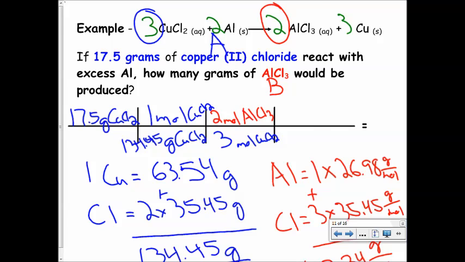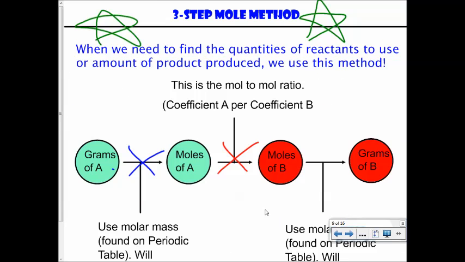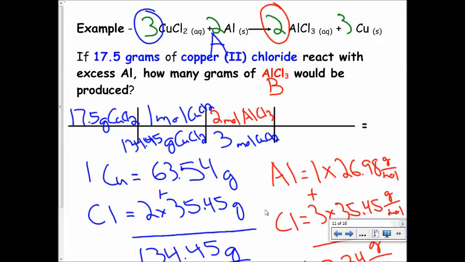And look at that, we're done with our second step. The last thing we need to do is go from moles of B to grams of B. Again, we use our periodic table, and we already solved for that. If I have moles of AlCl3 on top, I need moles of AlCl3 on bottom. That is 1 mole, and my mass for that is 133.34.